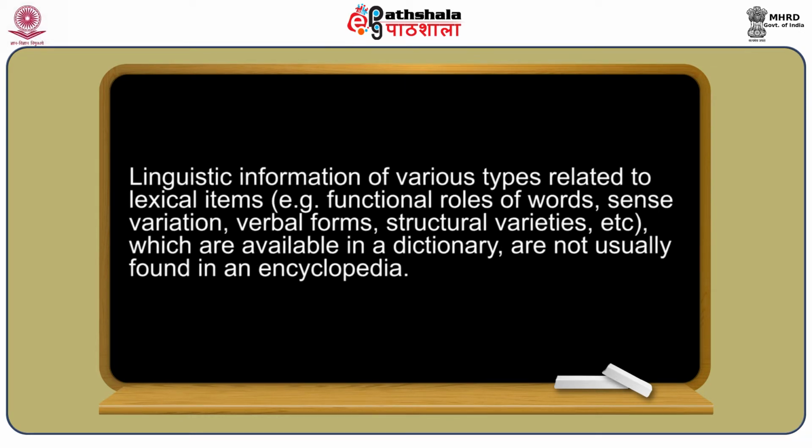Linguistic information of various types related to lexical items, that is functional role of words, sense variations, verbal forms, structural varieties, etc., which are also available in a dictionary, may not usually be found in an encyclopedia.